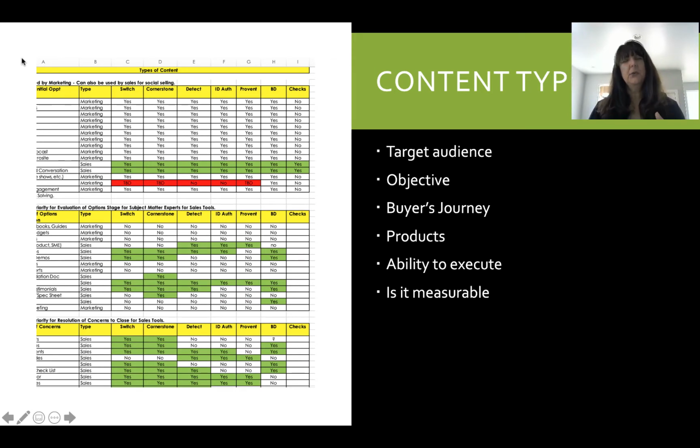And some of this is going to vary by your organization. In this particular example, I worked in business-to-business and business-to-business-to-consumer sales channels.